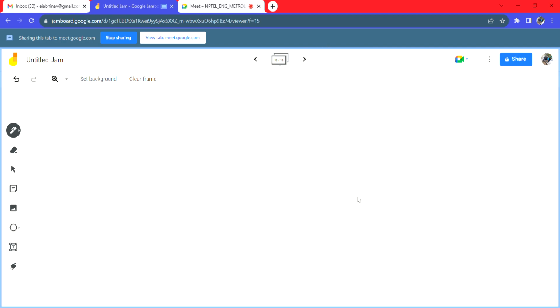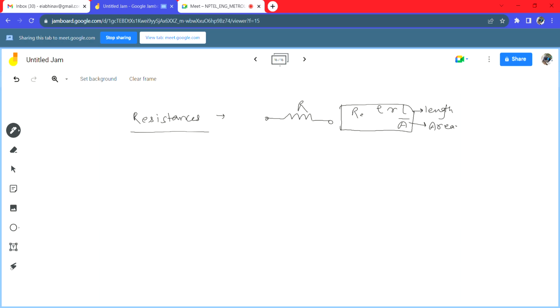So if we go on to the depth of understanding the concept of resistances, in the very beginning we said that if R is the resistance of this wire, we can write R as rho L upon A, where L is the length of the element, A is the area of the surface, rho is the resistivity, which is the property of the wire, and this is some coefficient of multiplication.